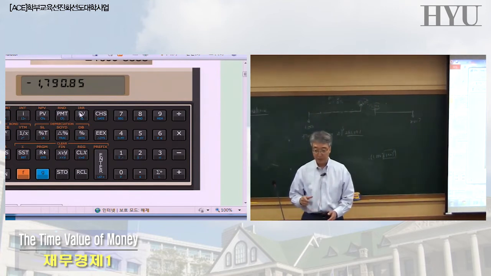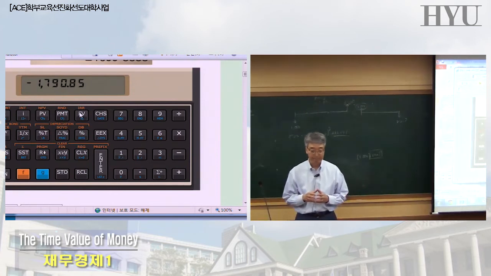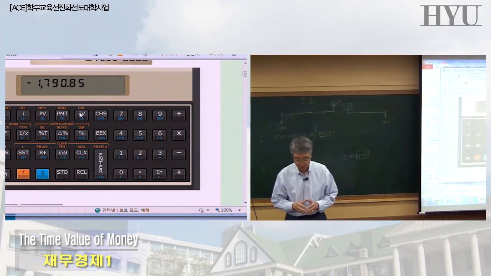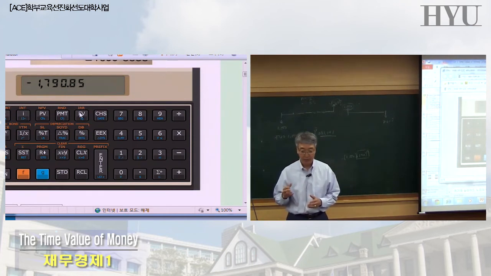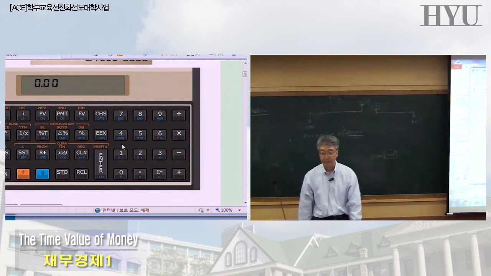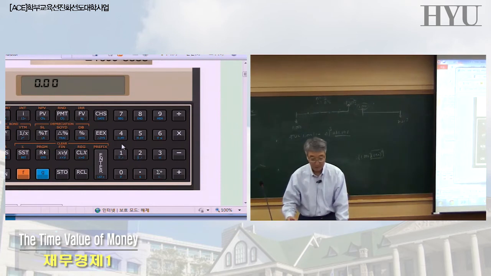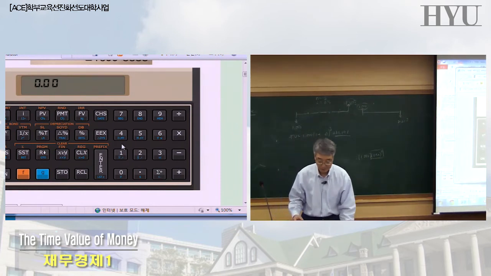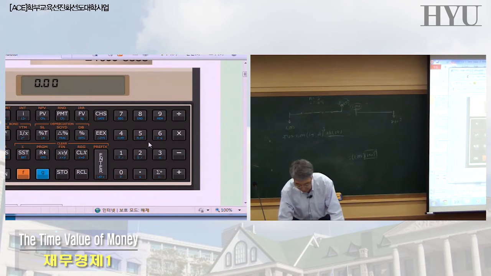This calculator has one drawback, which is that it uses a different algorithm. So if you want to do a simple calculation, let me clear the screen here. Let's say 2 times 3. In a normal calculator, you would do 2 times 3, but that doesn't work here.